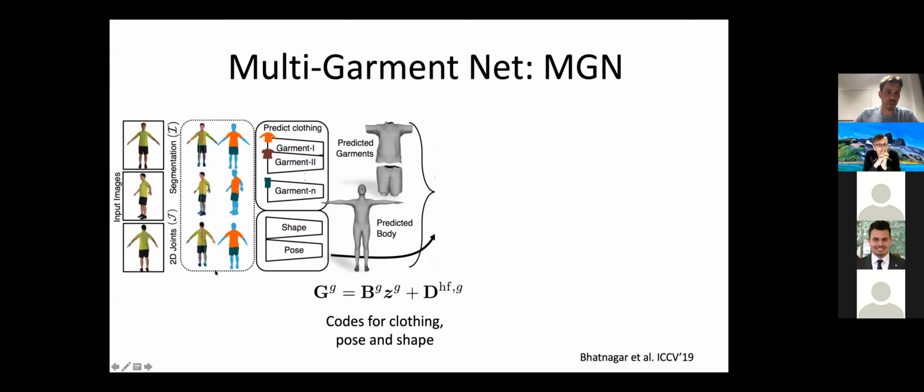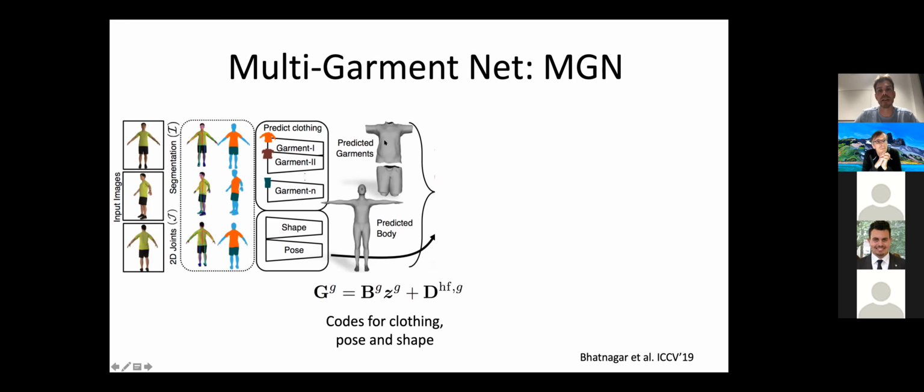So basically, here we also have this self-supervised framework in which you have the input images. We also get a representation that extracts semantically meaningful information, like the segmentation of the person into parts. Then you have network branches that predict each of the garments, which are now parametrized with a PCA model.